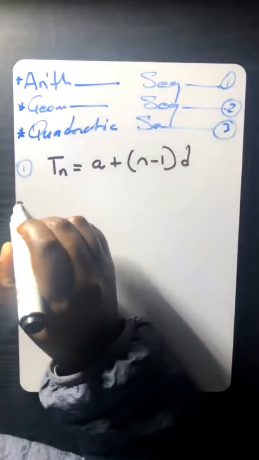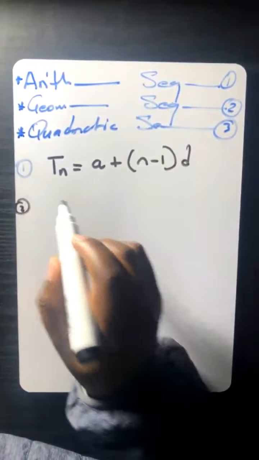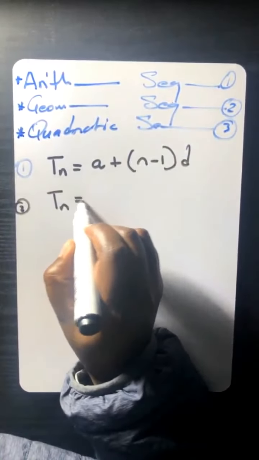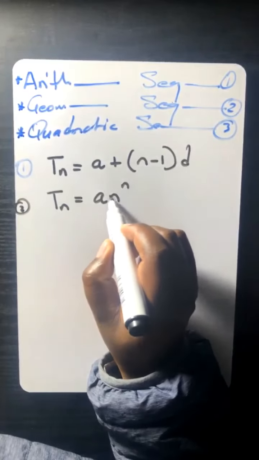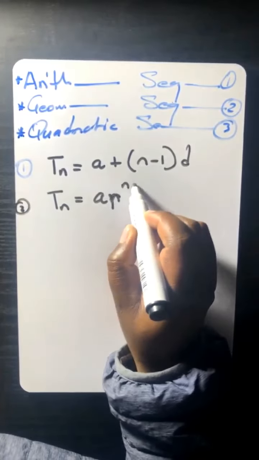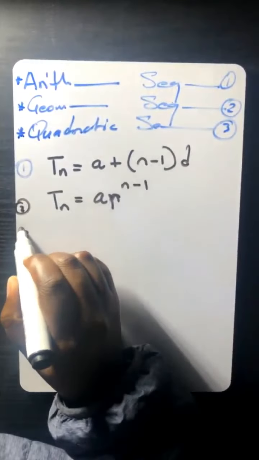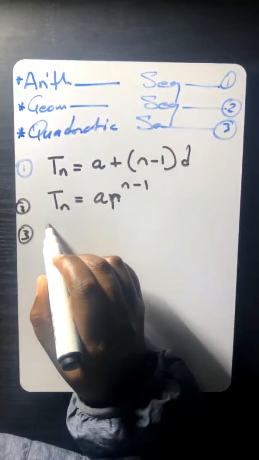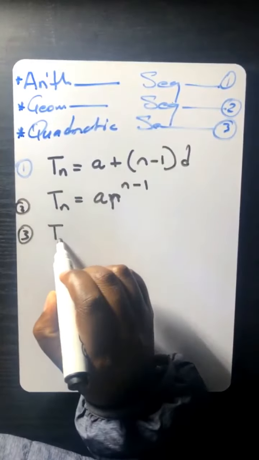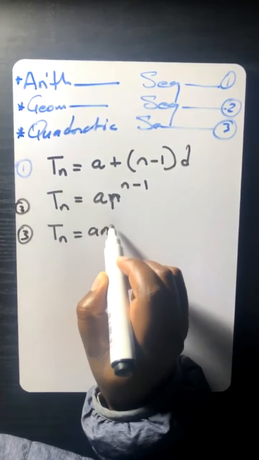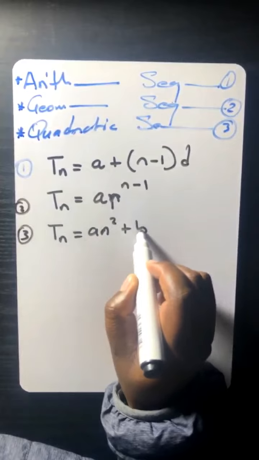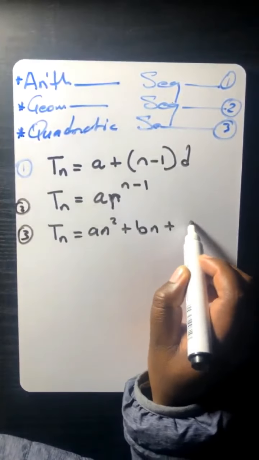For number 2, geometric, we've got Tn equals a times r to the exponent n minus 1. And number 3, a quadratic sequence, Tn equals an squared plus bn plus c.